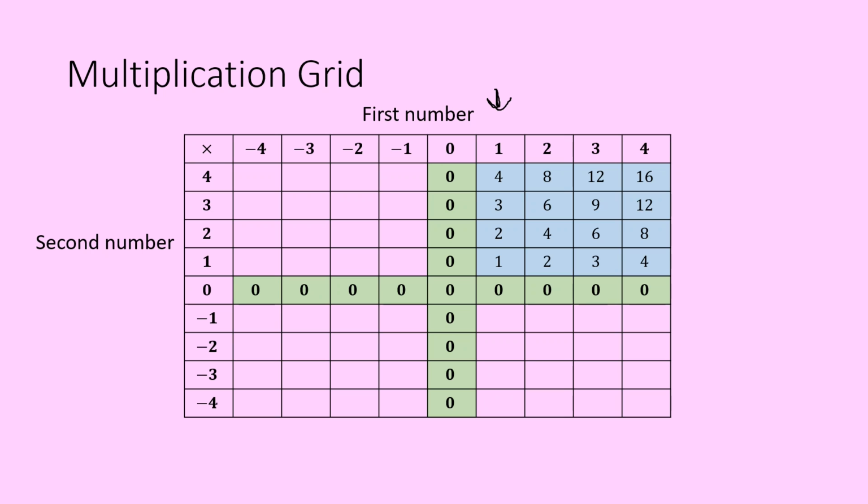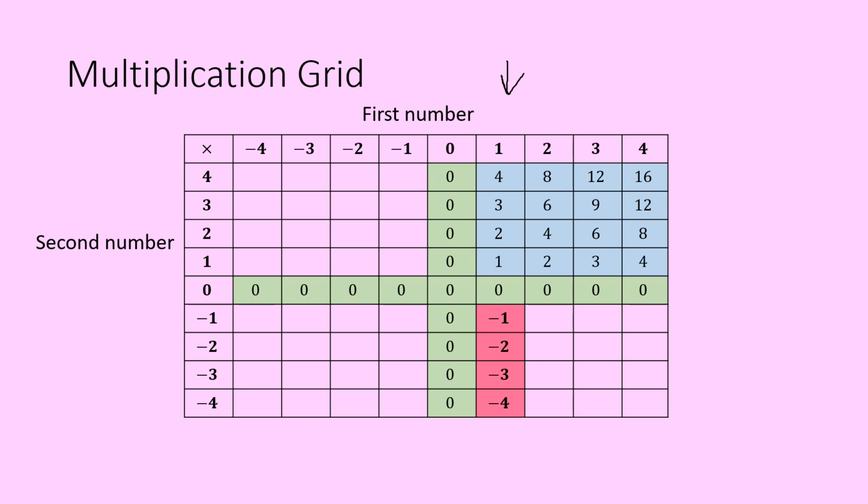So what about if we carry on down this pattern, 4, 3, 2, 1, 0? Well, we end up with minus 1, minus 2, minus 3, minus 4. So in this column, we've gone 4, 3, 2, 1, 0, minus 1, minus 2, minus 3, and minus 4.